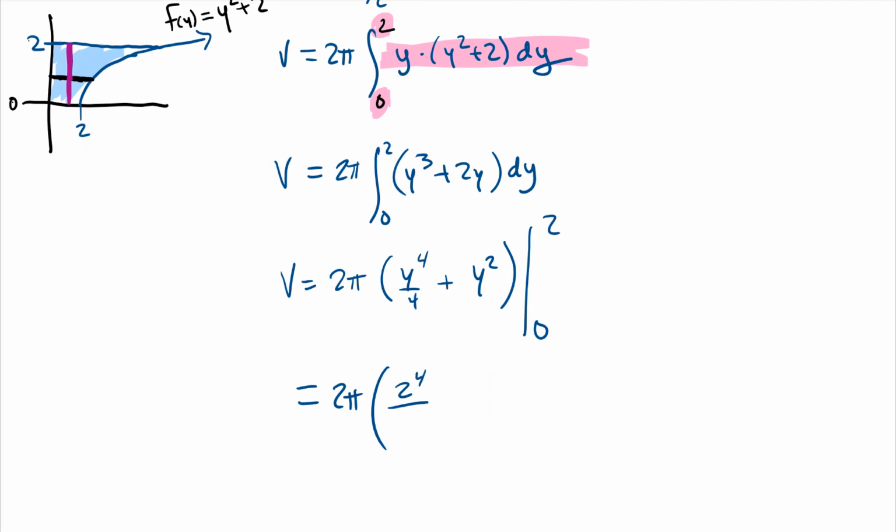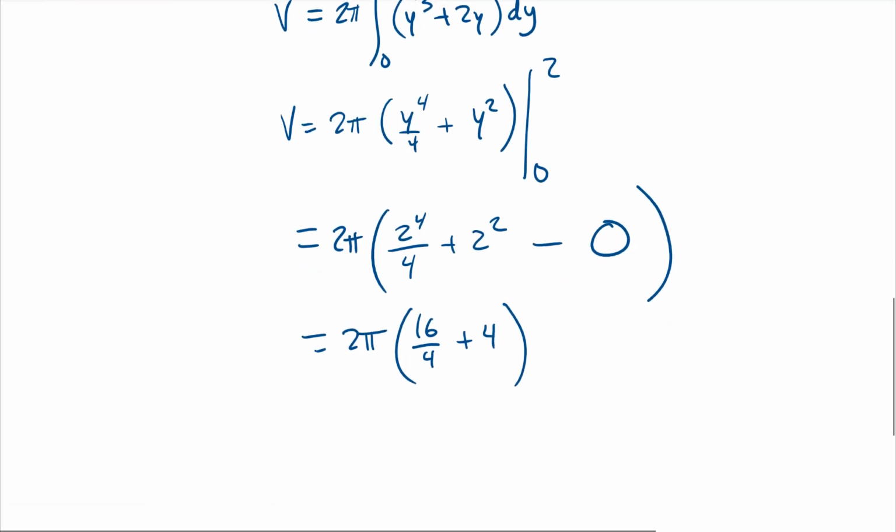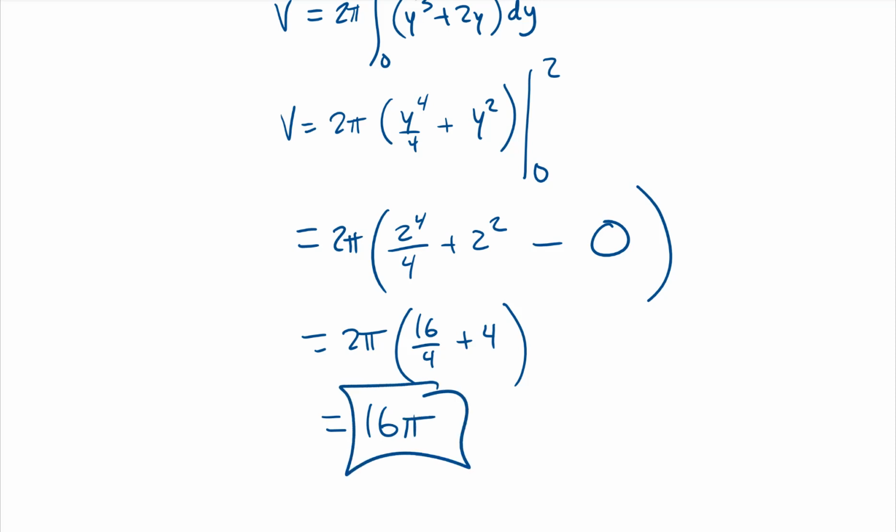So we have 2 to the 4th over 4 plus 2 squared minus absolutely nothing. Zeros are the best. So we have 2 pi times 16 over 4 plus 4. The 4 plus 4 is 8. So we end up with just 16 pi. There's our answer.